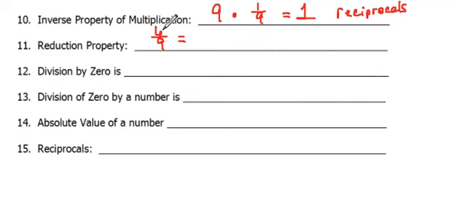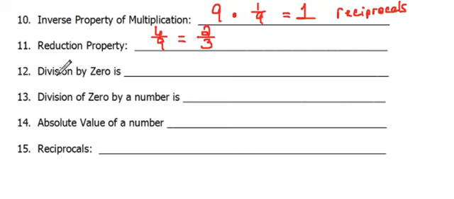So if we were to reduce the fraction by 3/3, then we would end up with 2/3. This is an example of the reduction property. So simplifying or reducing fractions is probably the more common way to hear it.